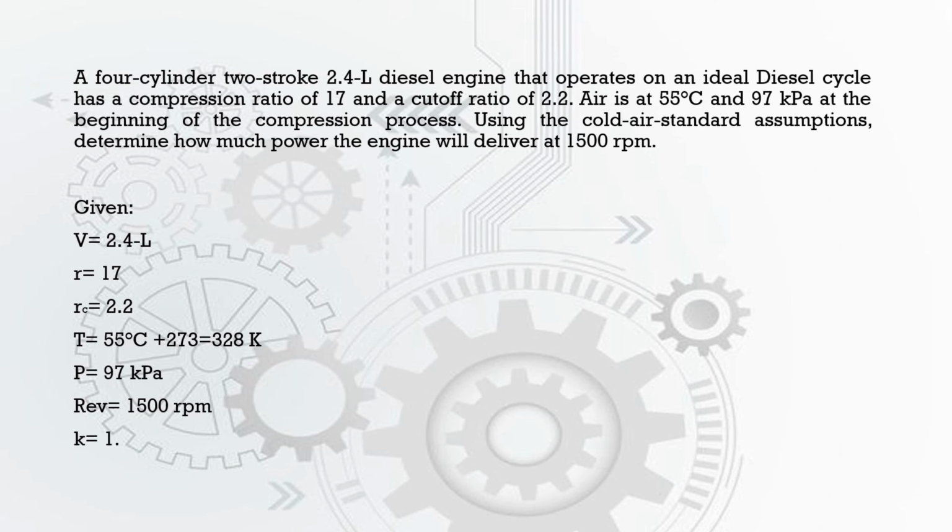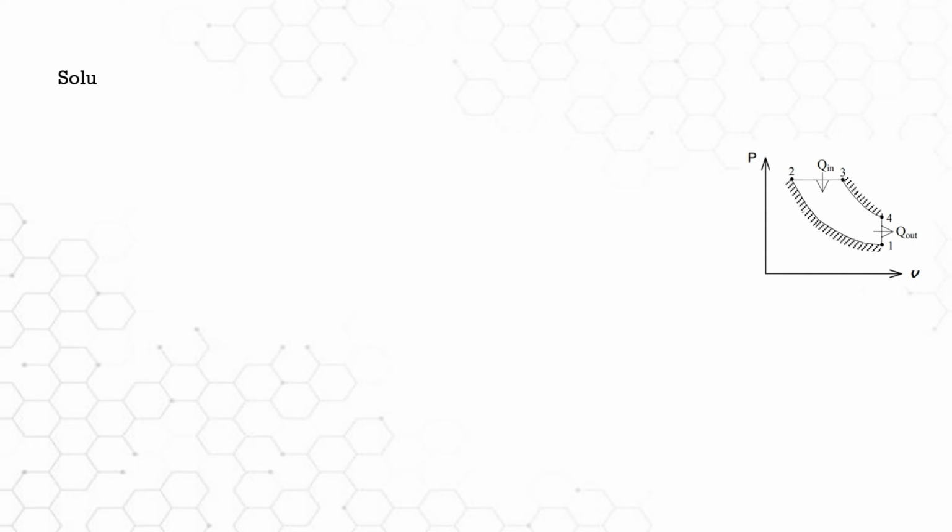The cold air standard assumptions are applicable. The kinetic and potential energy changes are negligible, and air is an ideal gas with constant specific heats. So we are going to determine the properties of our air at room temperature using our property table.